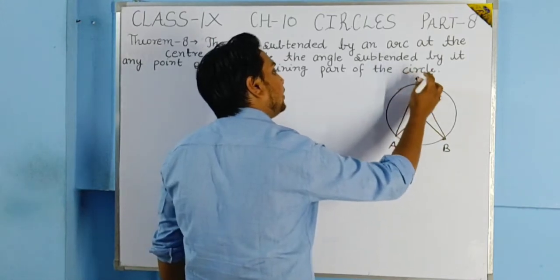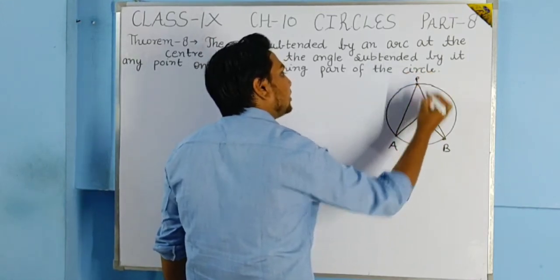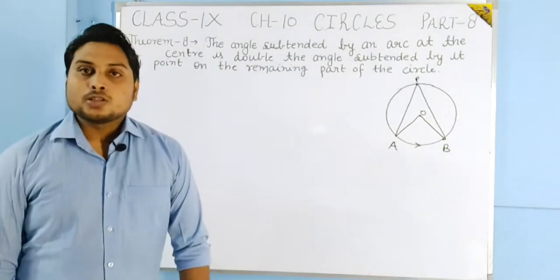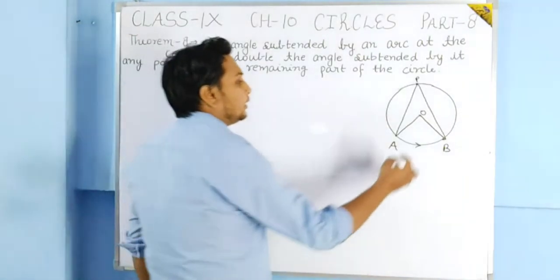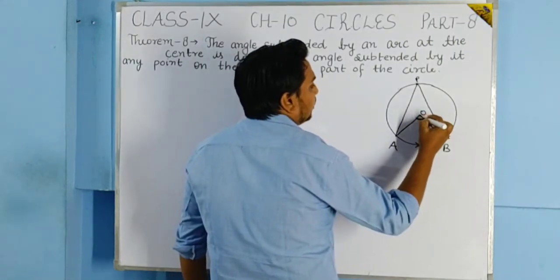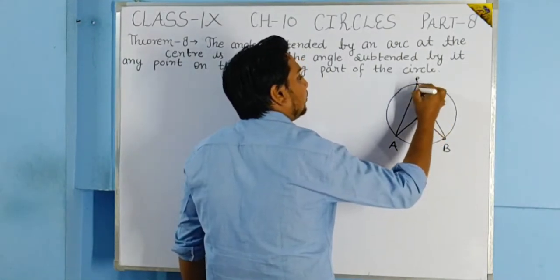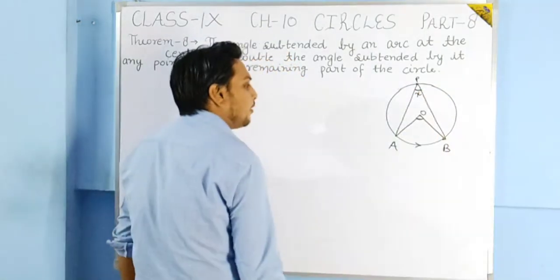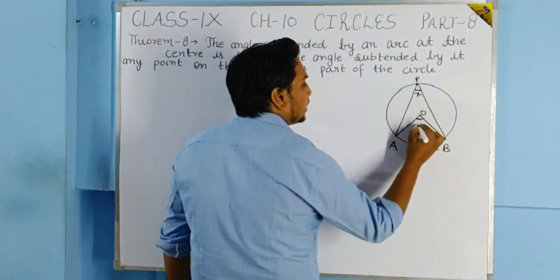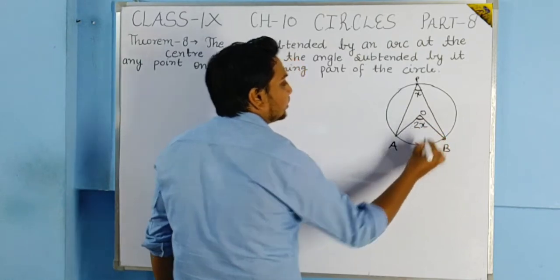Suppose this point is P. So now, according to the statement of the theorem, this angle will be double of this angle. Means, suppose this angle is x, then you have to prove that this angle is 2x.